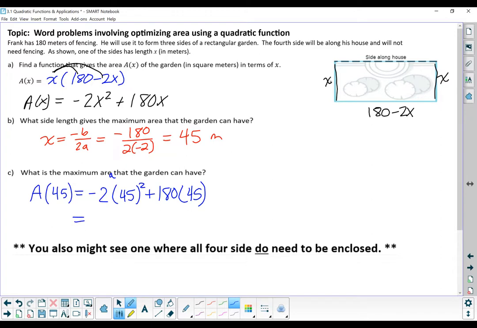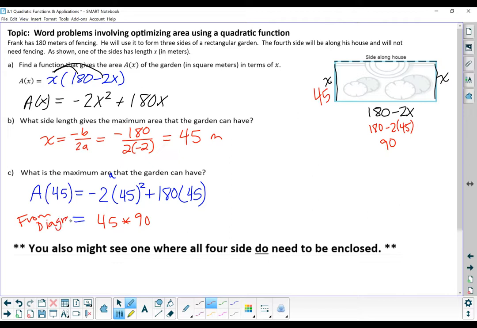Another, I think, somewhat quicker way is to just go back to your diagram and think about, okay, this side length is 45. The other side length is 180 minus 2 times 45. So this other side is 90. So my area is 45 times 90. And those two things will give you the same answer.